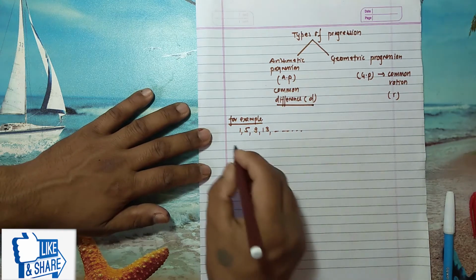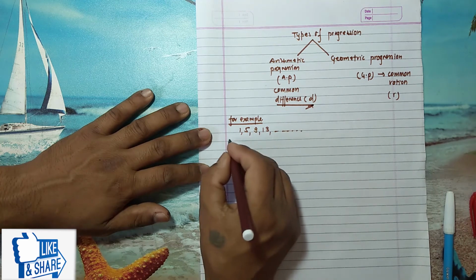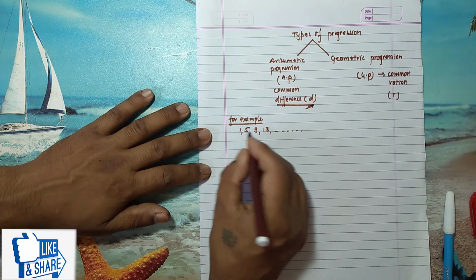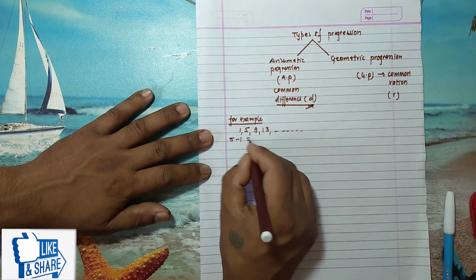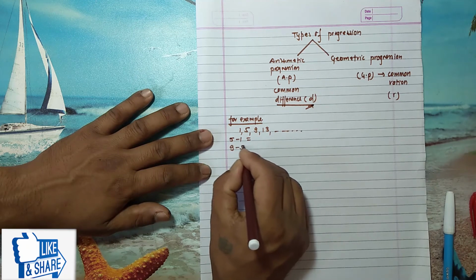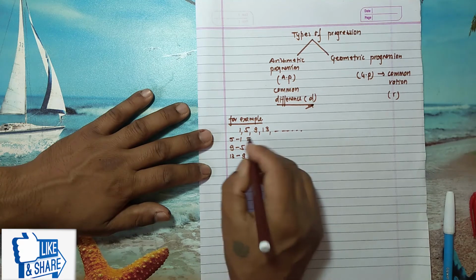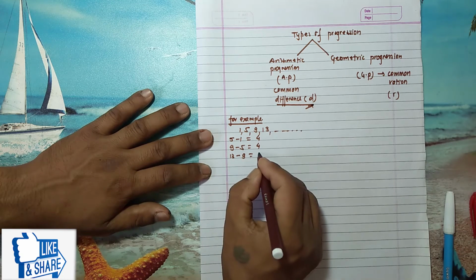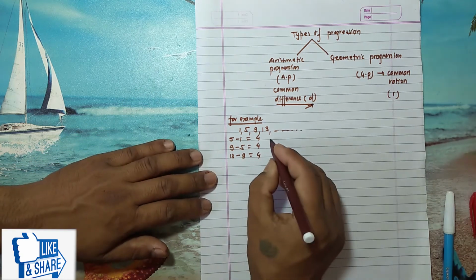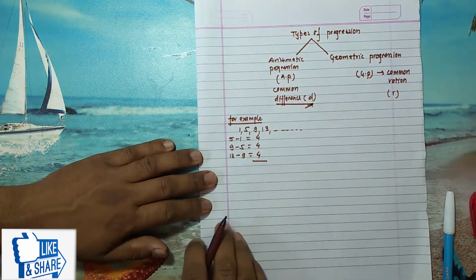In this case, to get the difference, we always subtract the first term from the second term, the second term from the third term, meaning succeeding minus preceding. 5 minus 1, 9 minus 5, 13 minus 9. Here we get 4, here also 4, and here also 4. So the constant is 4, so we call it an arithmetic progression.